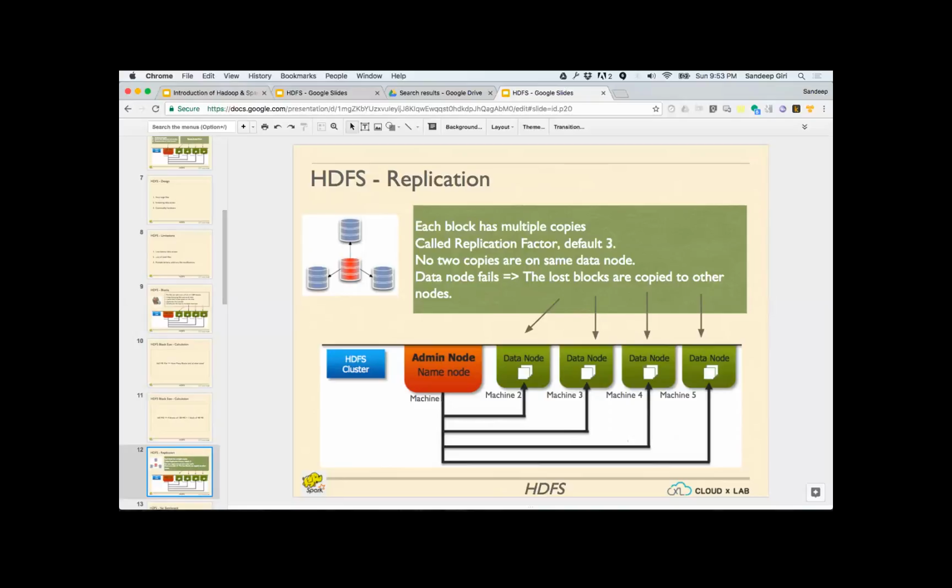A question from Narendra: one basic question, is HDFS similar to file systems such as ext3 or NTFS? No. ext3 is a native file system, right? ext3 talks to the hardware and gets the work done. While HDFS, by way of data nodes, utilizes ext3 or NTFS to store the data.